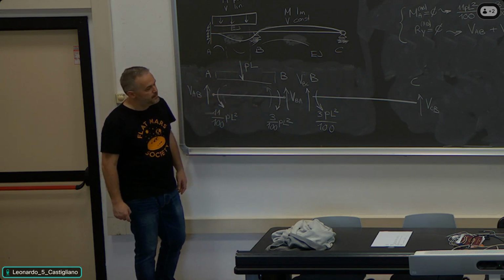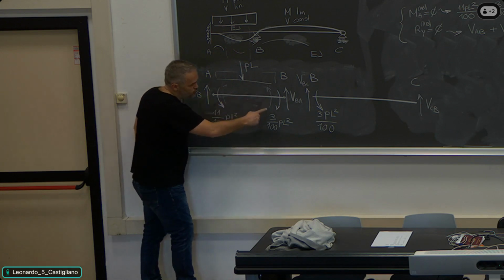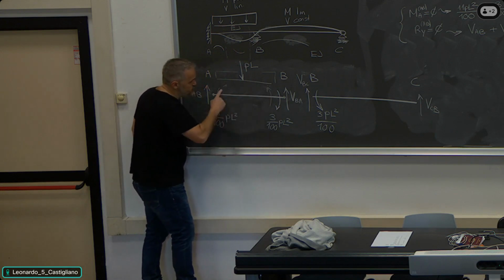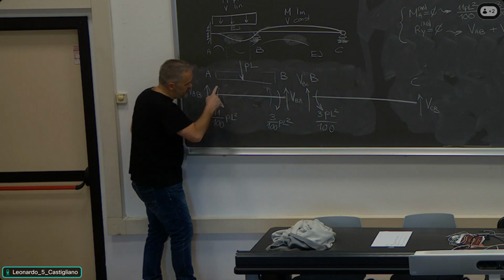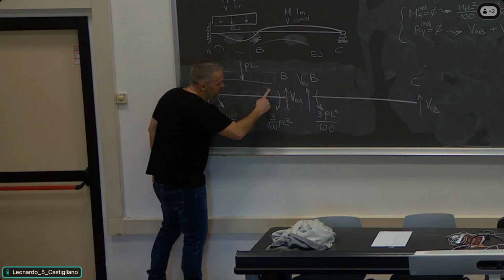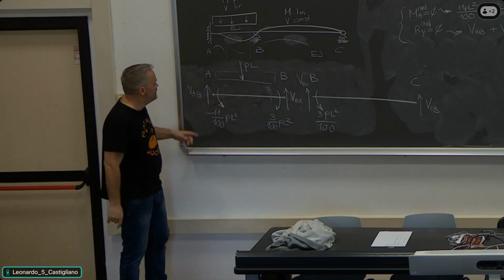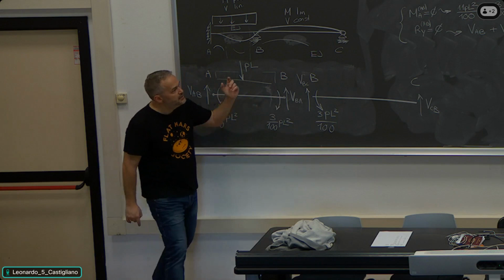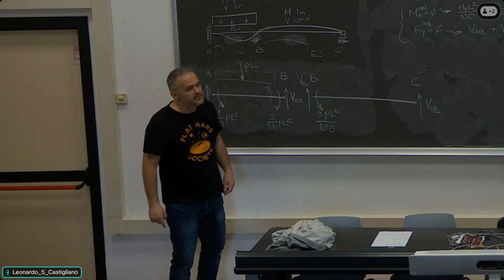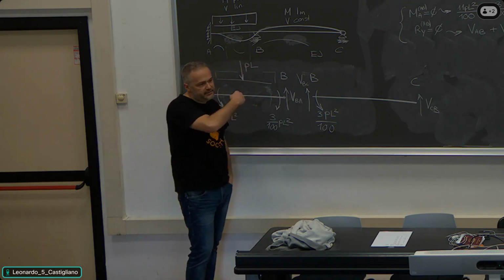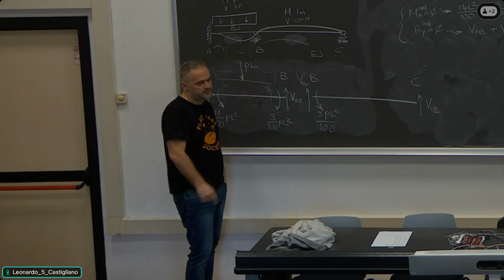Okay? So this comes from the solution. Again, this was my initial guess. I got negative values, so I reverse the arrow here and here. I have to delete them, otherwise you get confused. This is another guess. The two positive values mean I got the guess right, so they are both upwards.